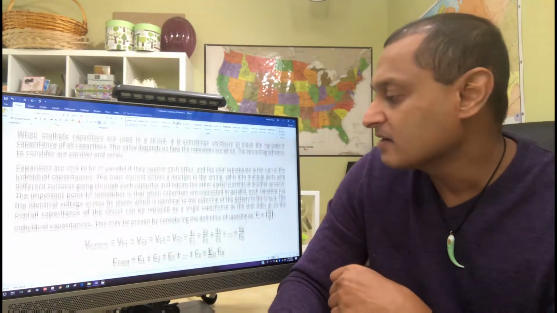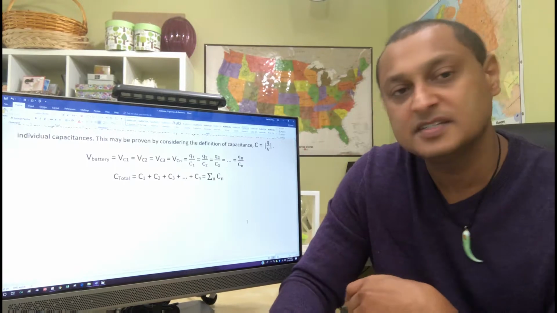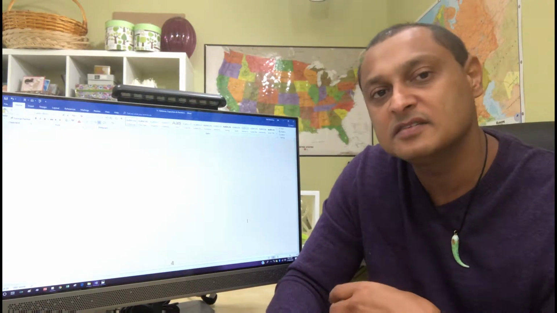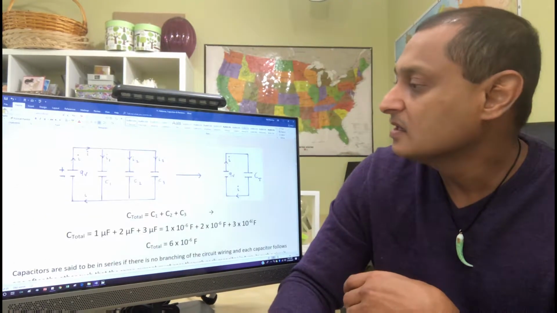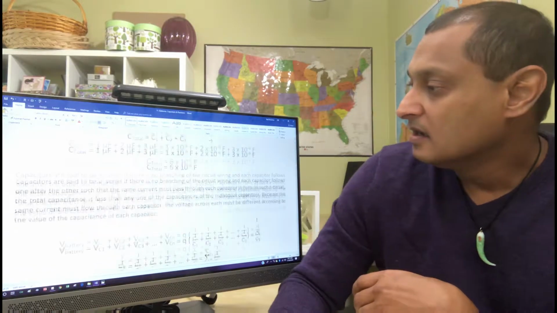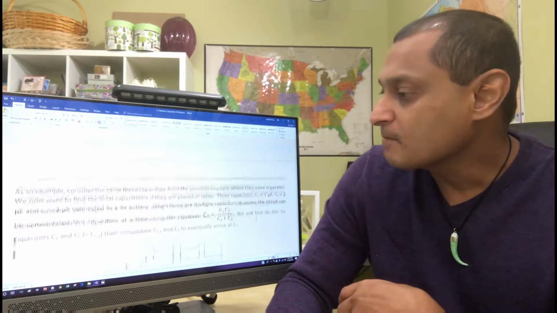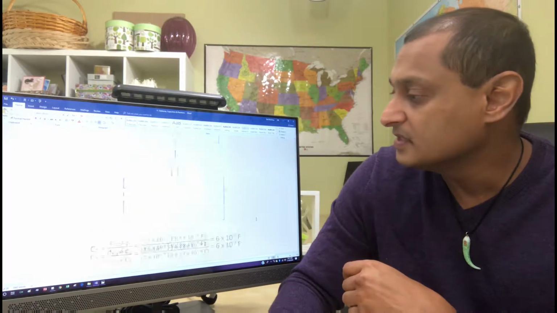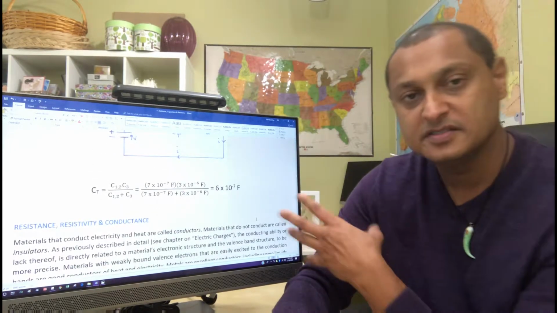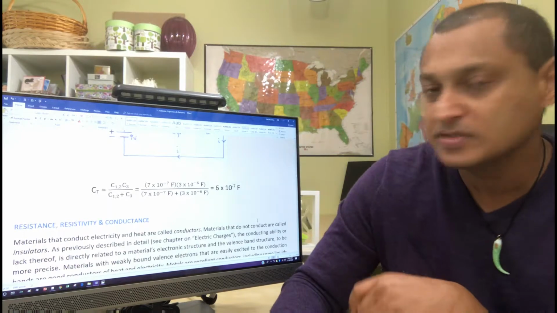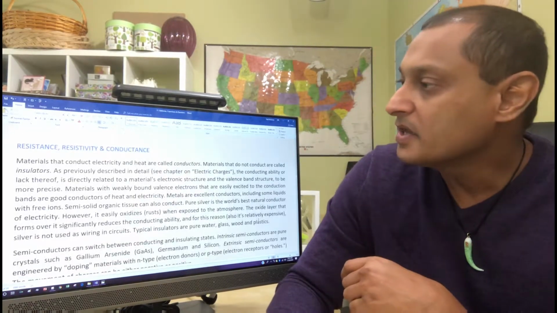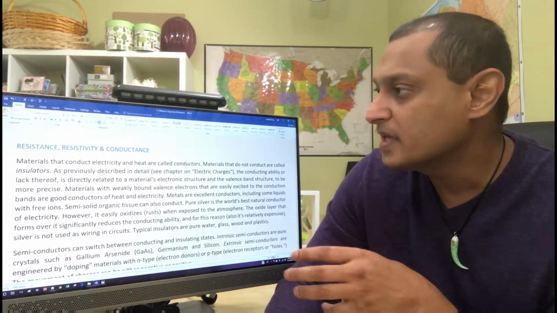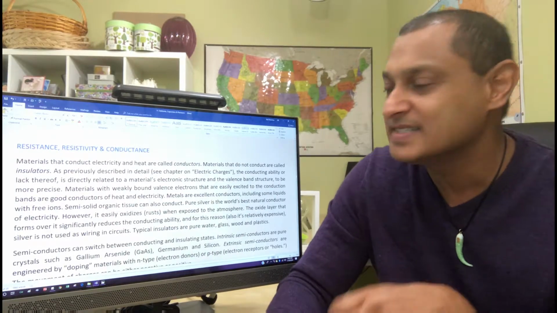The details of that are dealt with in the chapter, and several examples are done, calculations of the equivalent capacitance. After all of these examples with capacitors, we also talk in some detail about the difference between resistance and resistivity.